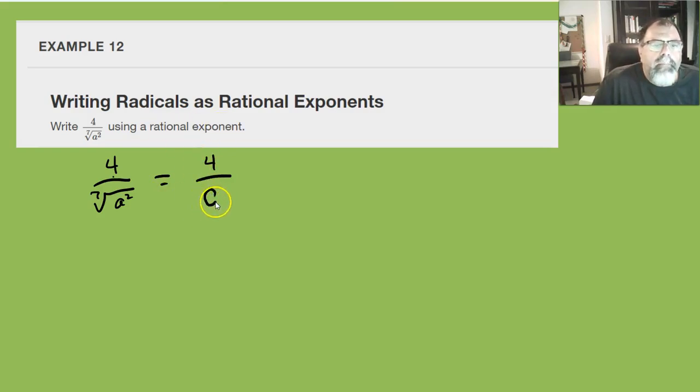The base of this would be the base of the rational exponent. The power is the numerator, and the index of the root is the denominator. So it's just 4 over a to the 2/7, and it's as simple as that. You just learn the rule of how to convert back and forth, and it's pretty straightforward.